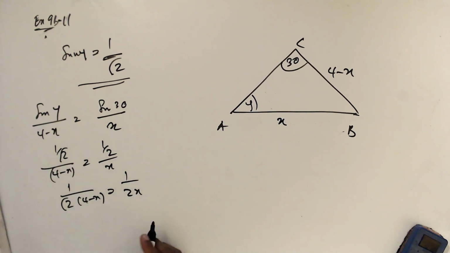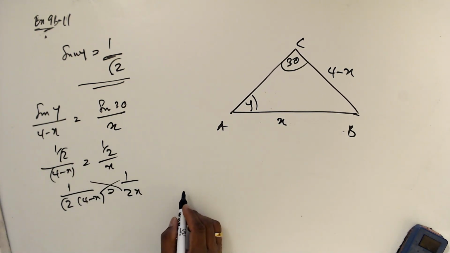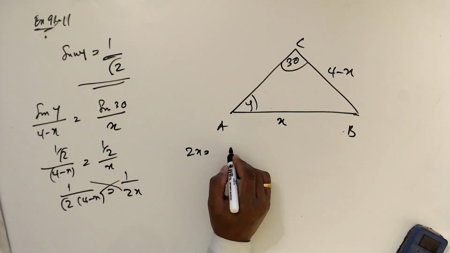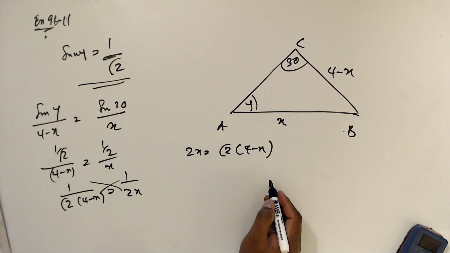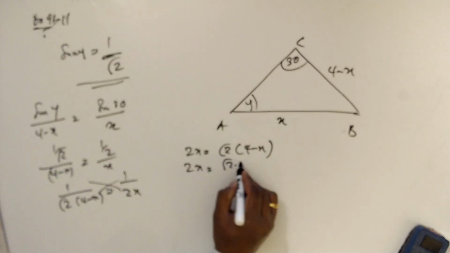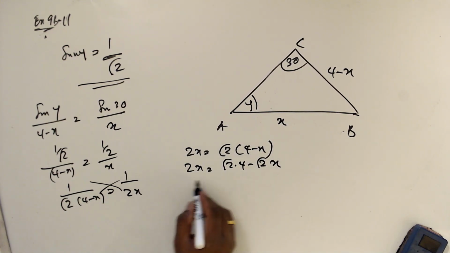So we flip this one for the cross multiply. So then 2x equal square root 2 times 4 minus x. I'll bring this over here.